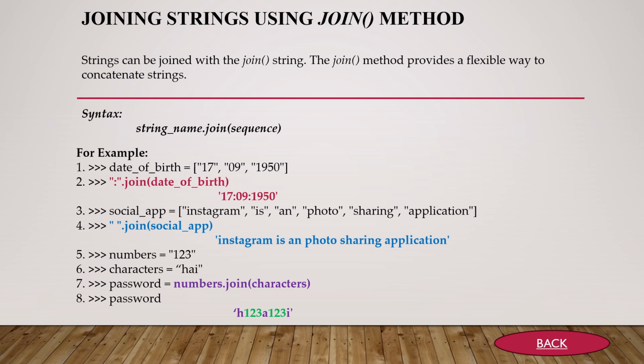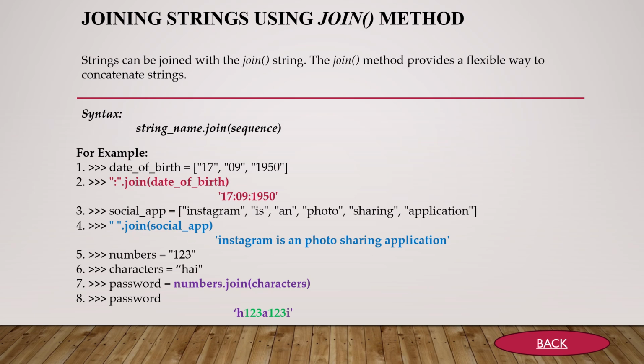Strings can be joined with the join method, and this join method is another way to concatenate the string. It's a flexible way, and this is the general syntax for joining the strings. Here the date of birth is joined with the colon.